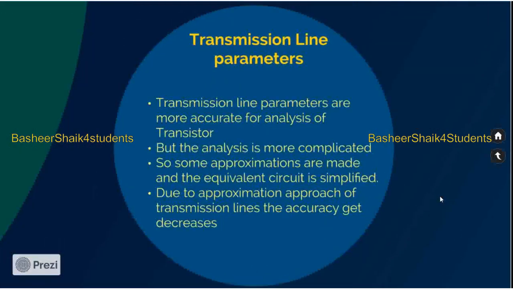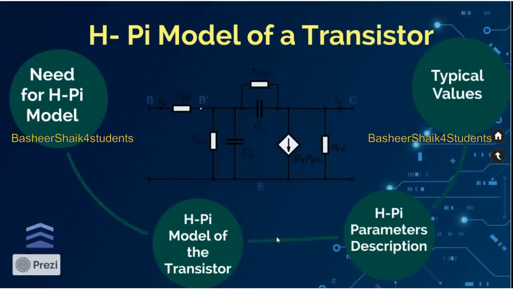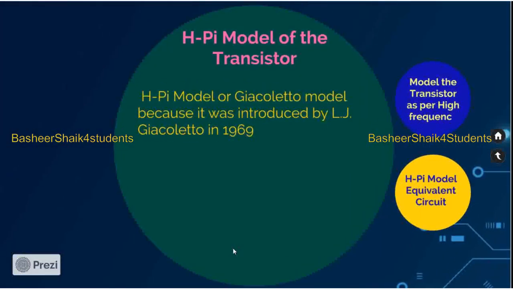It is possible to analyze the transistor using transmission line parameters, and we get an accurate analysis, but the analysis becomes more complicated. In order to simplify this, we can use an approximate model, but this approach gives inaccurate results. So we are going to move towards the hybrid-pi model of the transistor.